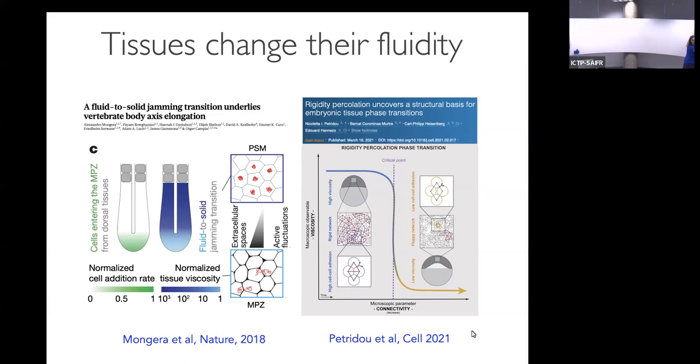This is tissue, so lots and lots of cells, very different scale. What they showed is up here, the tissue is very solid-like. Down here, it's extremely fluid-like. And they basically show that in this particular case, this difference in material properties is generated by changes in extracellular spaces inside the tissue. And I'll talk about that in a moment.